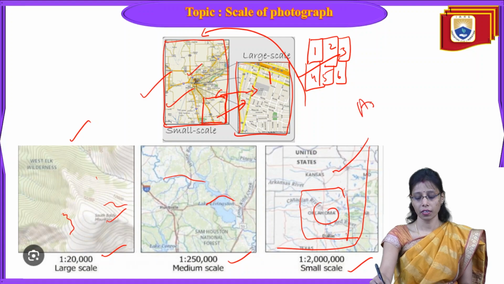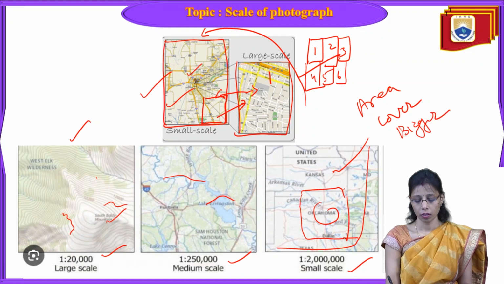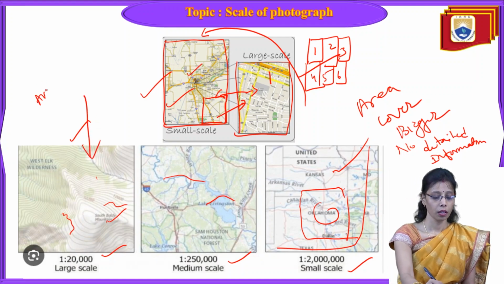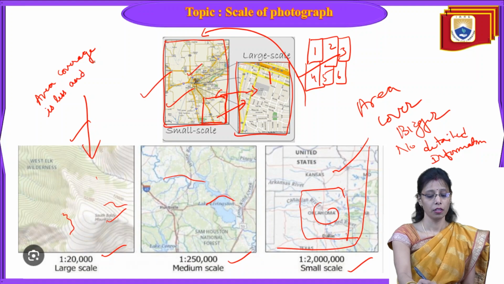The area coverage is bigger and there is no detailed information. Whereas in the large scale map, area coverage is less and we find more detailed information.